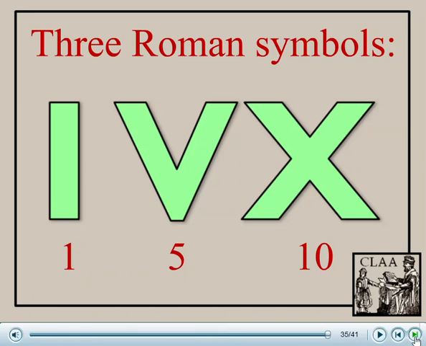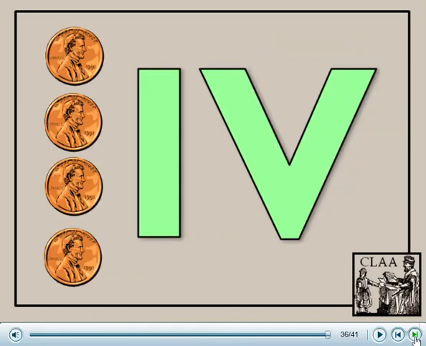And we've already seen this. Let's take a look. We learned the number 4 in Latin, which was quatuor. And we learned that it was written with an unus before a quinque, because 4 is 1 less than 5.